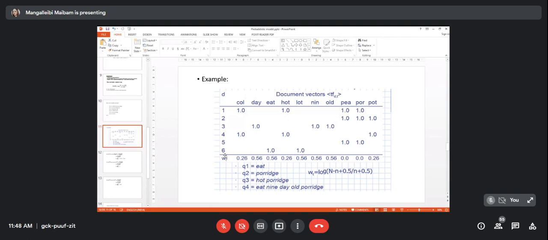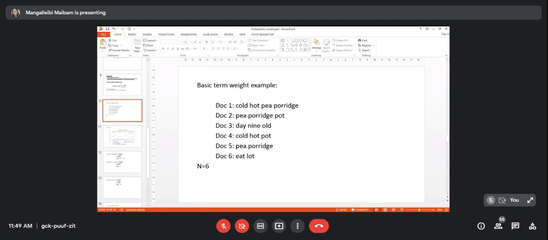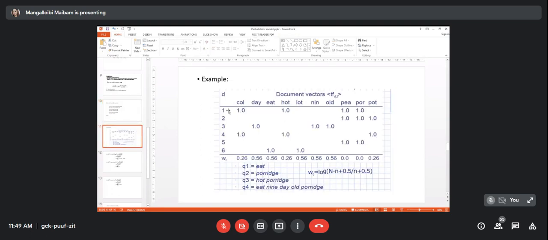Now I'm going to find the basic term weight. This 1.0 is nothing but your Boolean matrix. Since we represent in vectors, I'm writing 1.0, but you can write 1 and 0 instead, if it is confusing. Cold is there in D1, so 1.